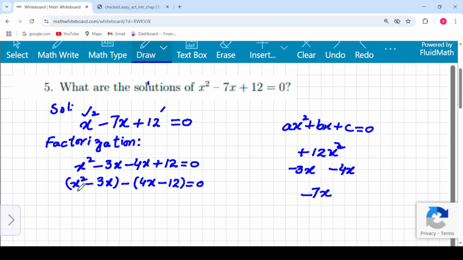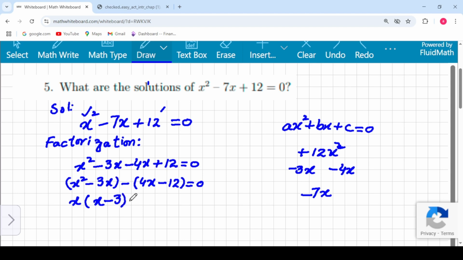Now you can see that in x square minus 3x, we can take x common from these two terms. When we take x common from x square and 3x, x multiplied by x is x square, so 1x remains, and minus, since we have already taken x common, it will be 3.